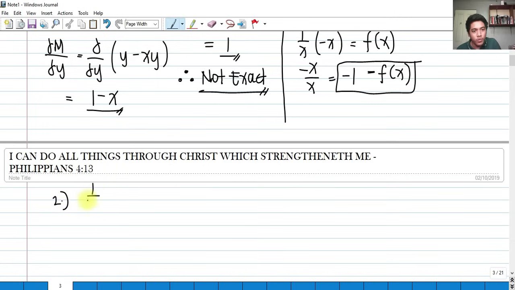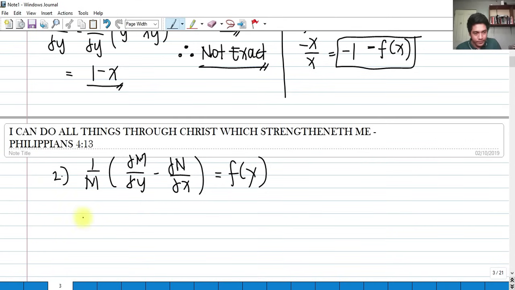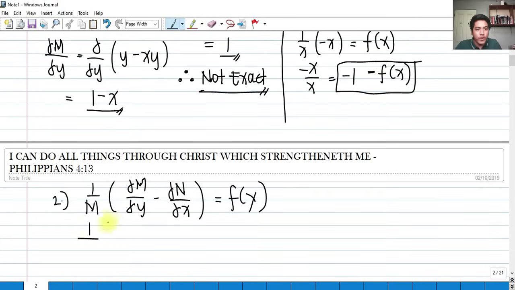If we're going to use 1 over M times the partial of M with respect to y, minus the partial of N with respect to x, is equal to f of y. Now 1 over M, our M is simply y minus xy, and we know the result of this already.